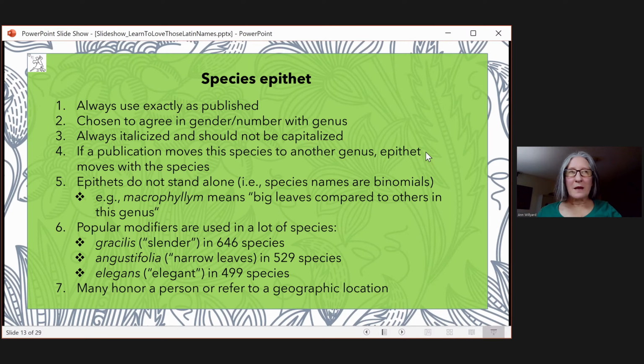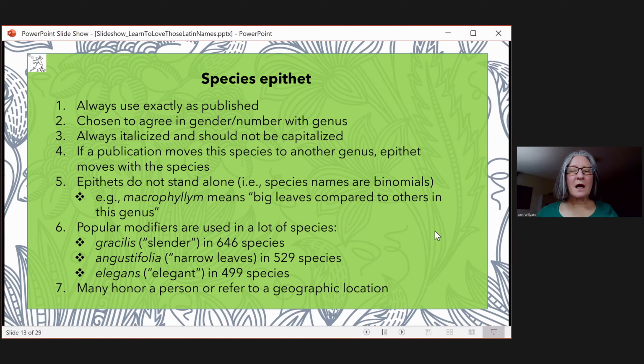If, based on new scientific evidence, we move the species to a different genus, the epithet moves with it. And when we do that, we change the ending to follow this rule, gender and number. So I told you exactly as published, but it's exactly as published with a modification for grammar.